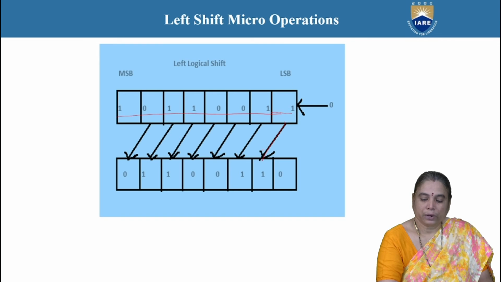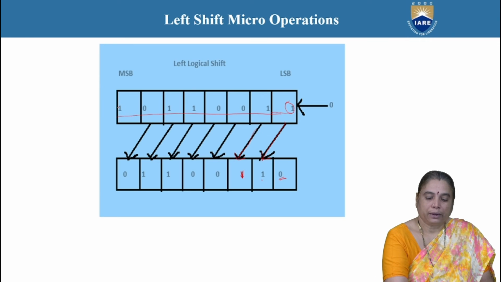It moves to the next bit position here. The next bit is moved to the next bit position. Like that the bits are traversed. So what is the blank space that has to be filled? This bit is moved here, so the blank place here has to be filled with 0.